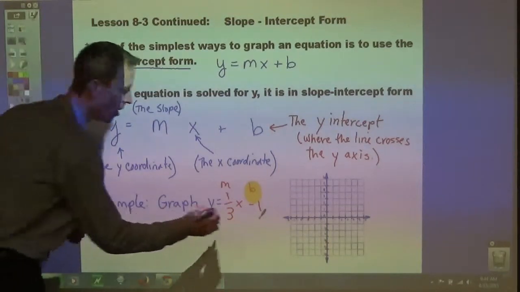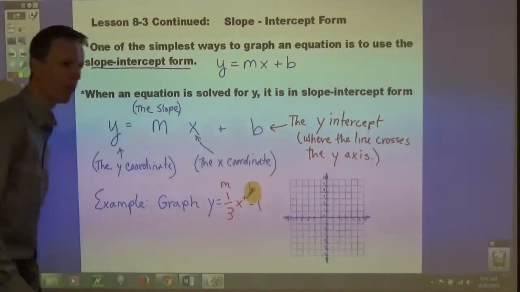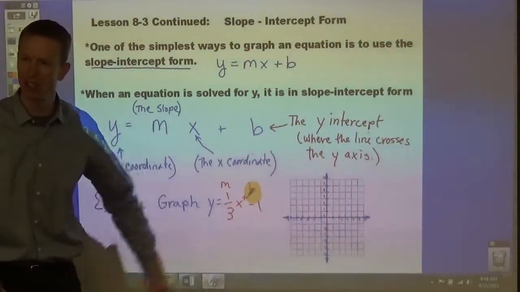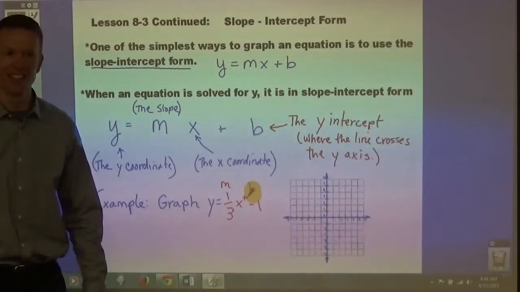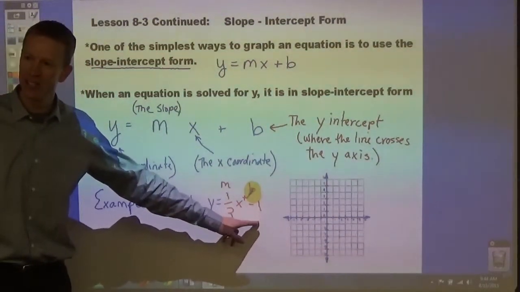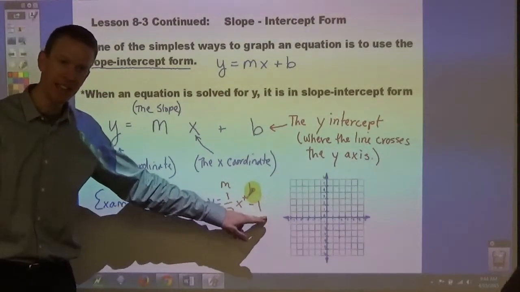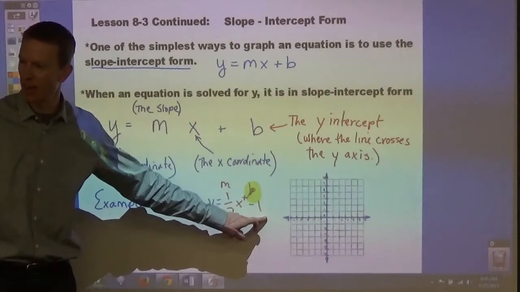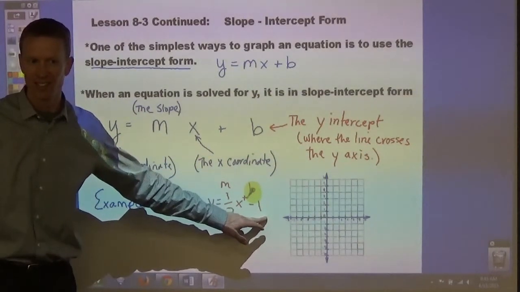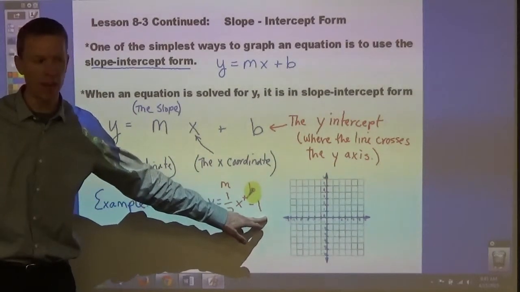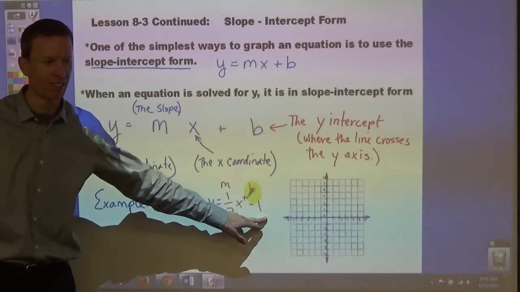It's -1. Remember back in 6th grade where I made you insert a plus sign in front of my sign? Yeah. This is one of the reasons why you have to do that, people. You have to identify this as -1. That is the y-intercept. Right? So mark that point on the y-axis, everyone.